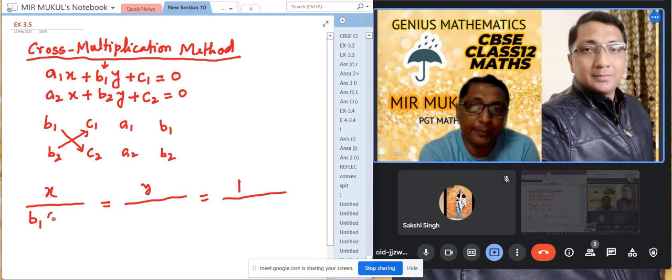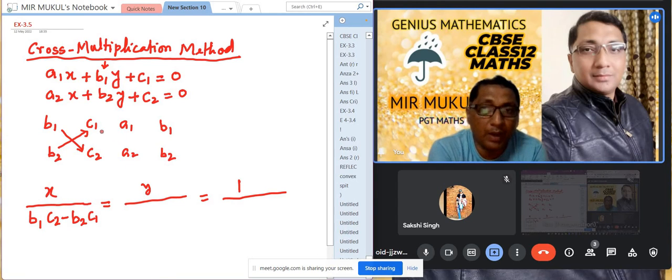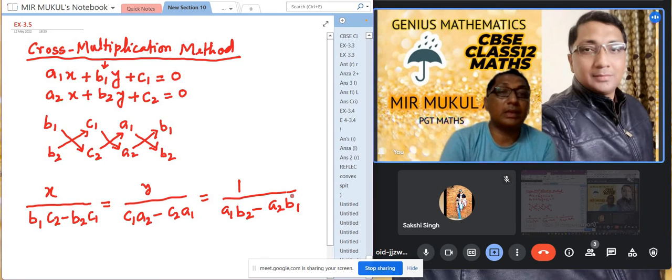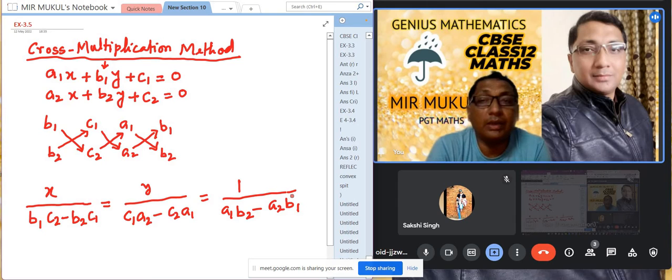Now the denominator of y will be c1 a2 minus c2 a1, then a1 b2 minus a2 b1, right? Okay, Sakshi, it is only a process.